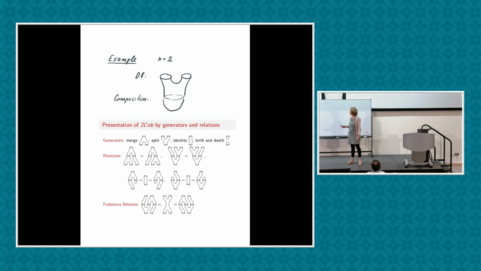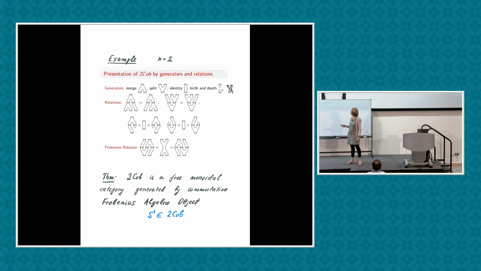If you associate these with associativity, co-associativity, unit, co-unit and the Frobenius axiom, you see the well-known folklore theorem that 2-cob is a free monoidal category generated by a so-called commutative Frobenius algebra object.